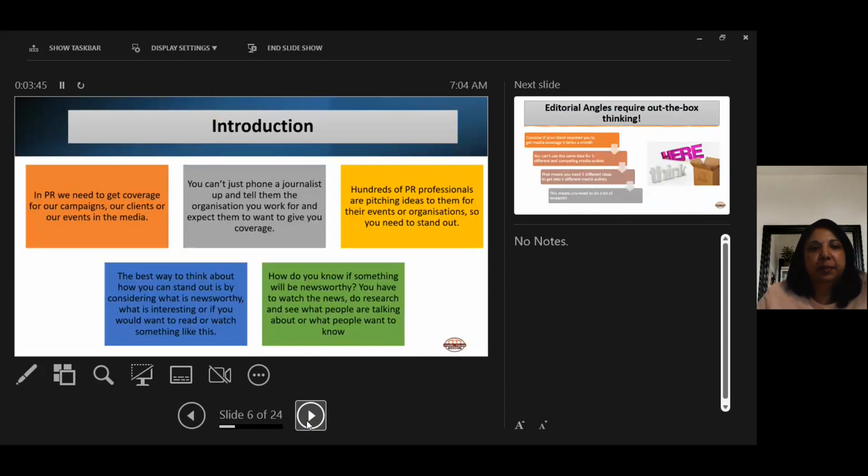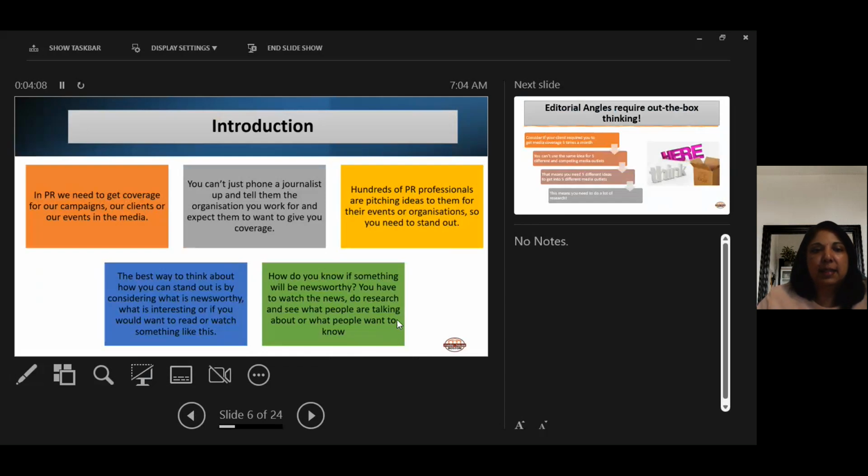Next, moving on. Introduction. In PR, we need to get coverage for our campaigns, our clients, or our events in the media. You cannot just phone a journalist up and tell them the organization you work for and expect them to want to give you coverage.